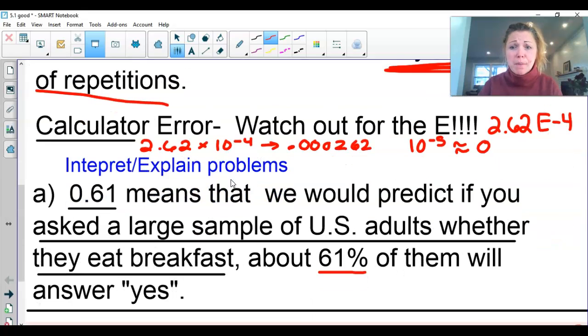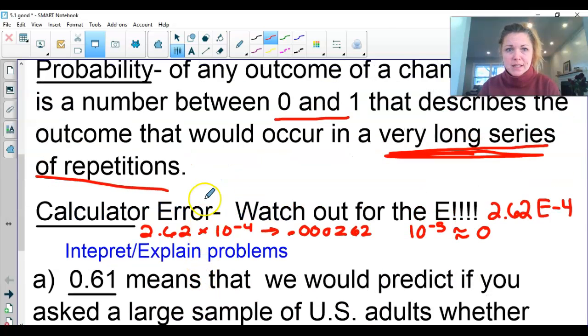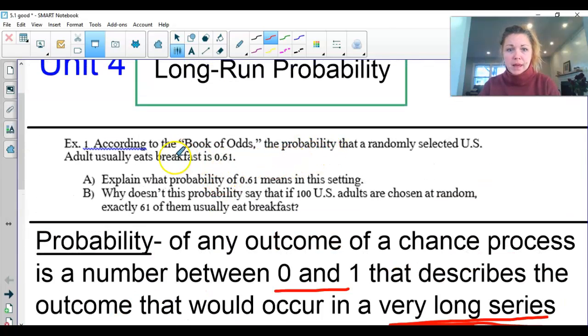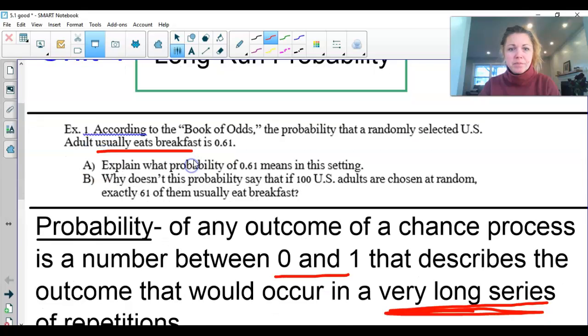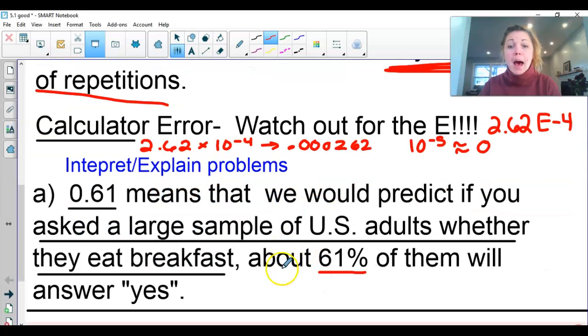If we ask a large sample of US adults, here's our context now, whether they eat breakfast, that's what the story is about. About 61% of them will answer yes. Again, this word about right here is important. Why? Because that's what a probability is. It's not exactly going to happen.